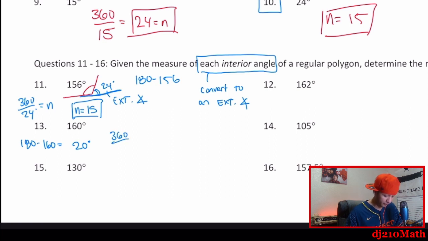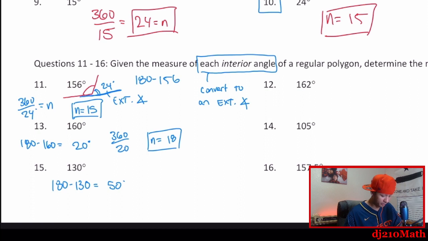So 360 divided by 20, n is equal to 18. Next, 180 minus 130 will give us 50 degrees. Again, that's an exterior angle. We've converted it to an exterior angle. So 360 divided by 50.